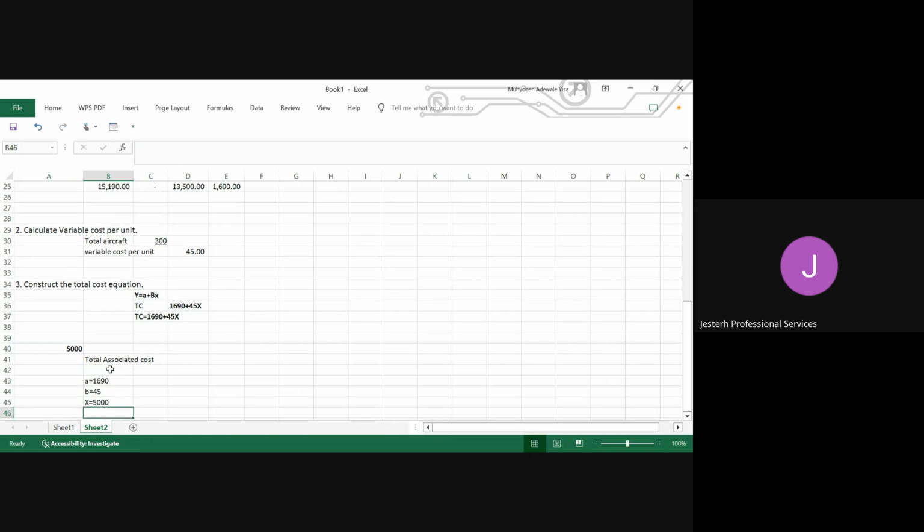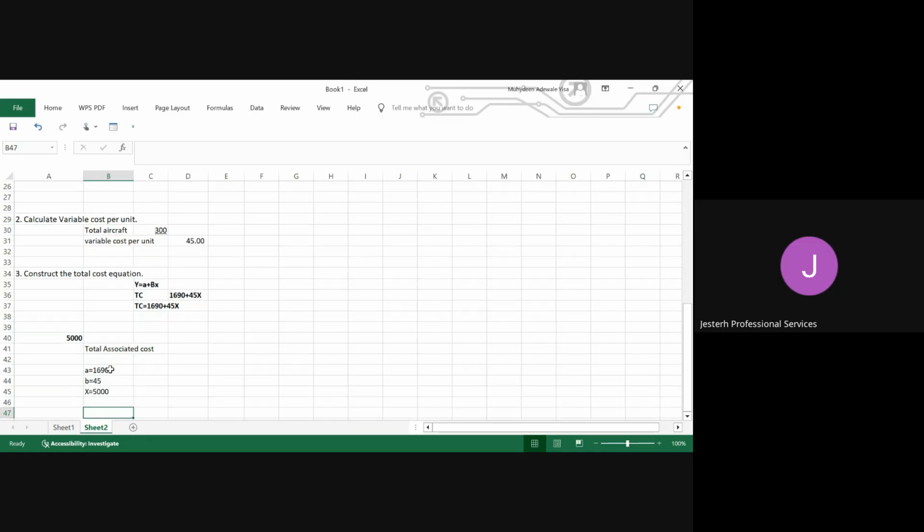The first thing that should come to your mind is that we need to ascertain the total variable cost first. How are you going to do that? You just multiply 45 by 5,000, and you arrive at your total variable cost. I want to believe that we are on the same page.